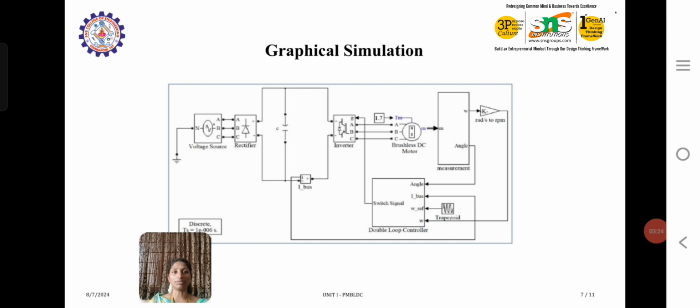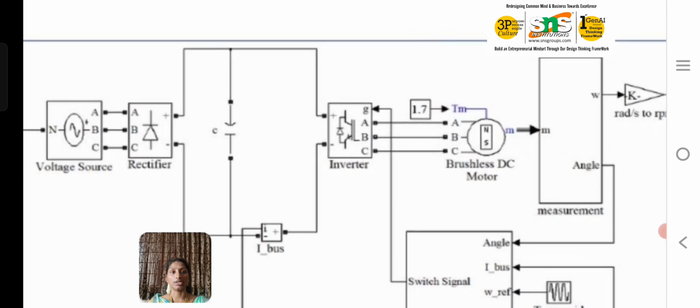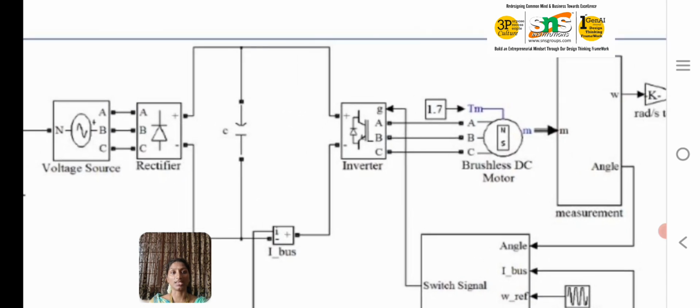Coming to graphical simulation, here we have the BLDC motor with the 3 phases A, B and C, and we have an inverter part. If the input is AC, then we have to convert it into DC, and that DC can again be converted using the inverter to AC and given to the motor.